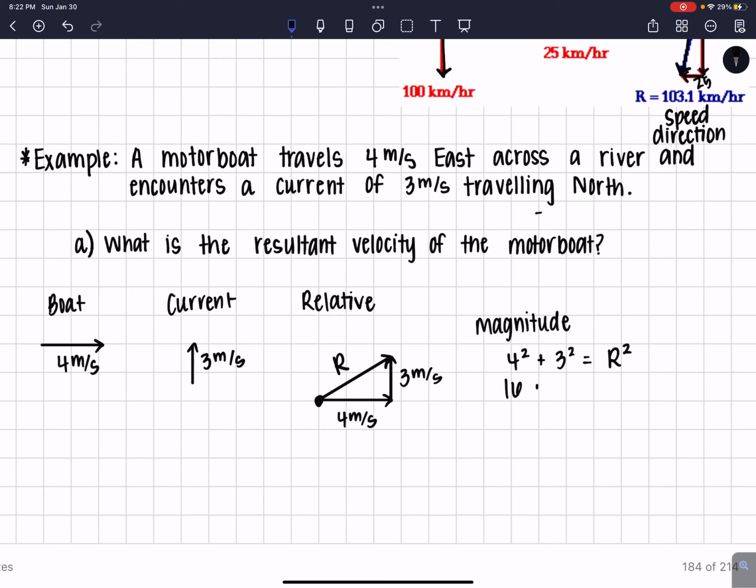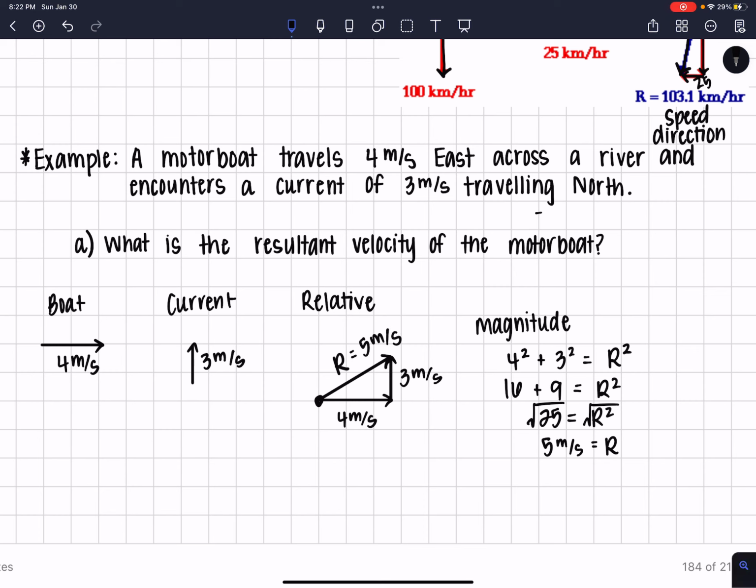So I'll end up getting 16 plus 9 equals the magnitude squared, to get me 25 equals the magnitude squared. And when I square root, I end up getting 5 meters per second for my magnitude. So this is how fast the boat is going relative to me, the observer.